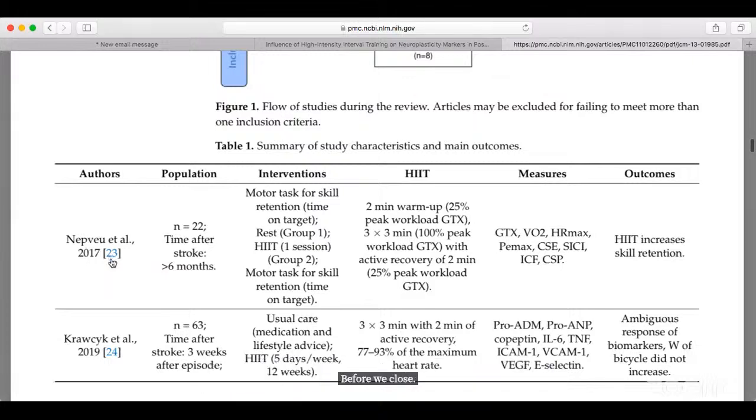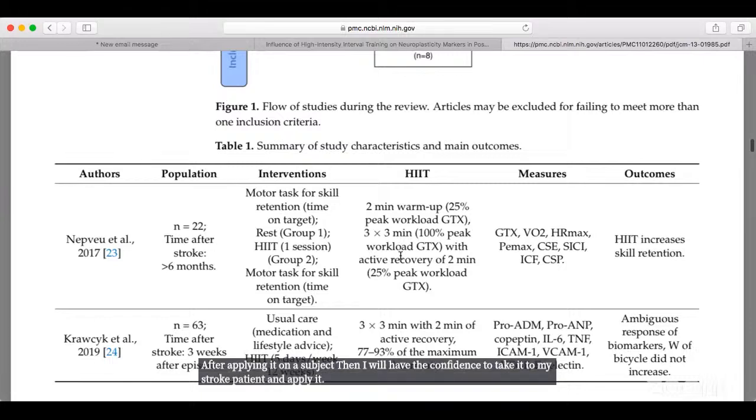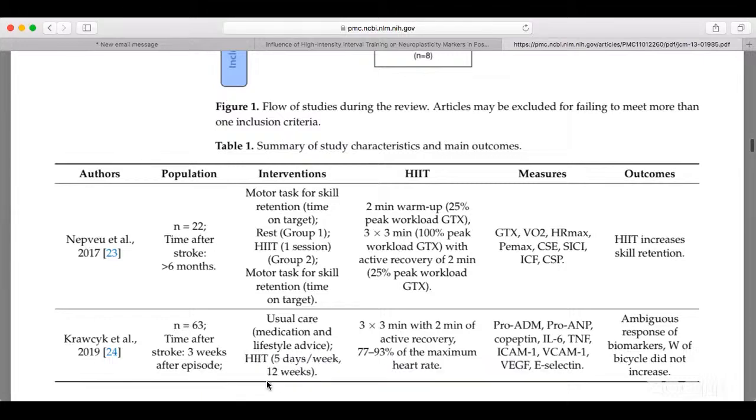If I get a clearer picture of how this exercise will be applied using this dosage explained here, then I will apply it on a subject. After applying it on a subject, then I will have the confidence to take it to my stroke patient and apply it. But if I try to understand it and I can't, I'm not even going to go to the subject.